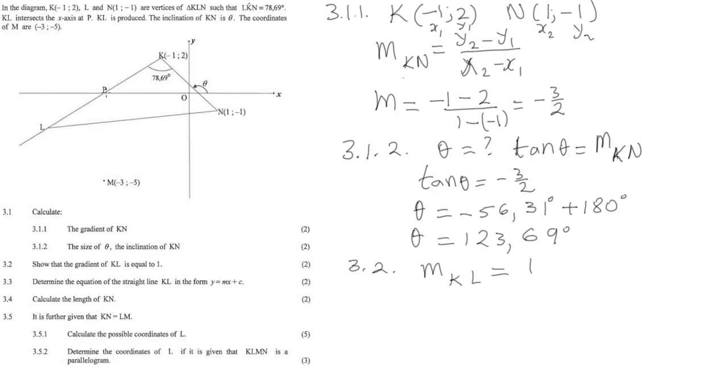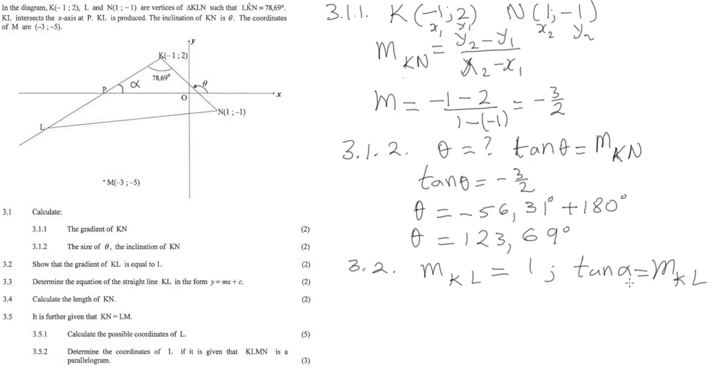But if we know this angle, let's call it the angle alpha, then tangent alpha equals the gradient MKL. So if we know this angle, we can find the gradient here.